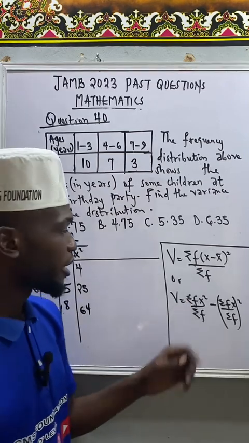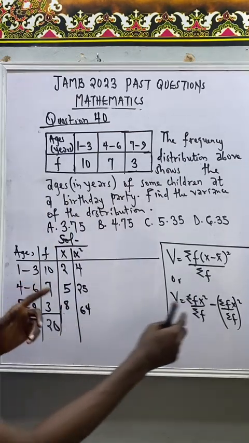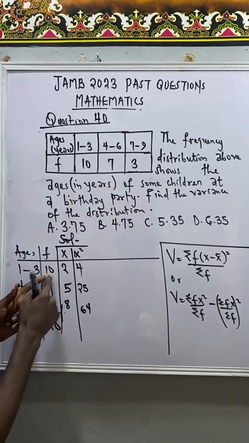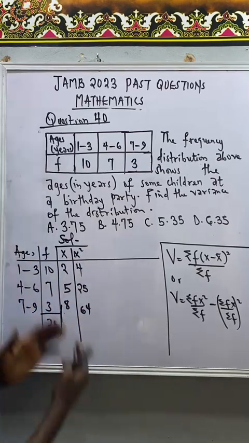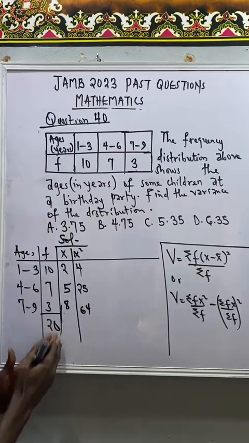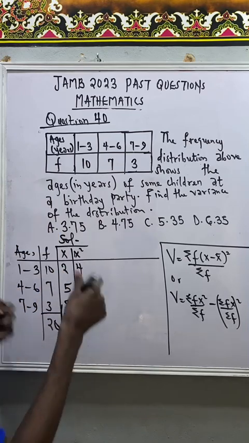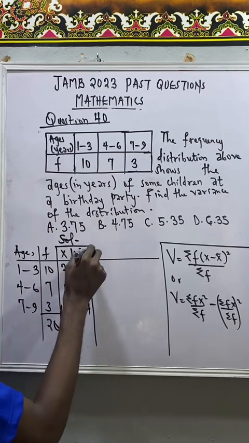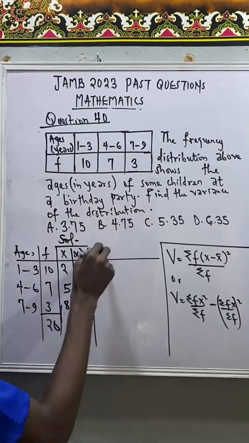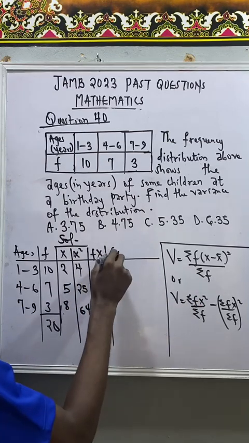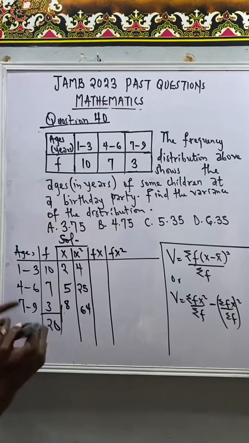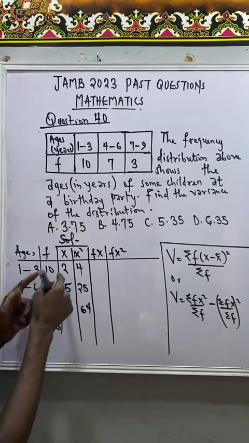Now, from here first, I need the product of each frequency and each mark. So I need to multiply what is in this column by what is in this column. So let's form another column for fx and another column for fx squared. Fx means 10 times 2.